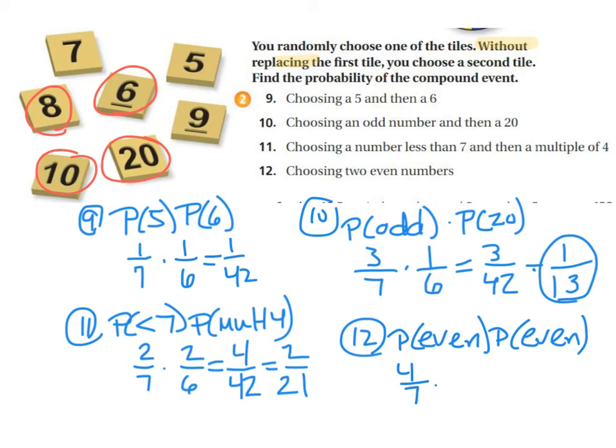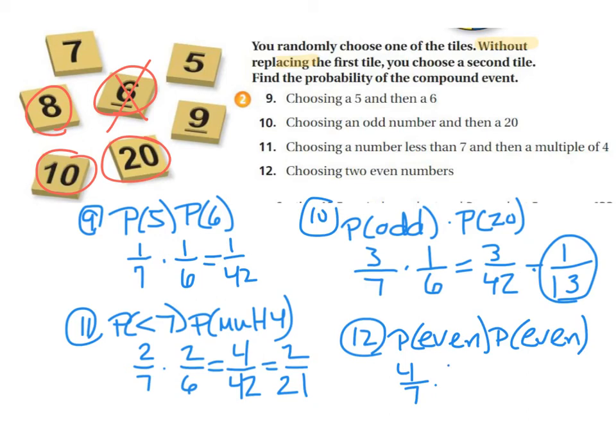And for this probability to work or be true, we have to assume that I picked an even number. So if I pick one even number, it's not available for me to pick next. So what's remaining is I have 1, 2, 3 even numbers out of 1, 2, 3, 4, 5, 6 options.